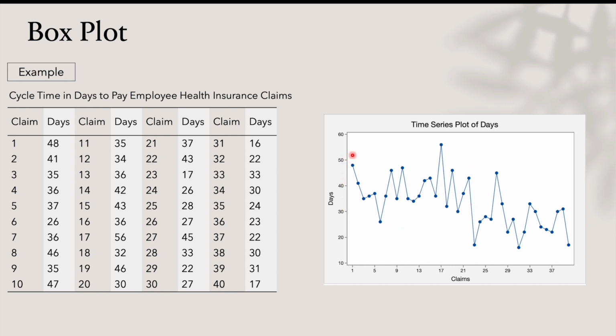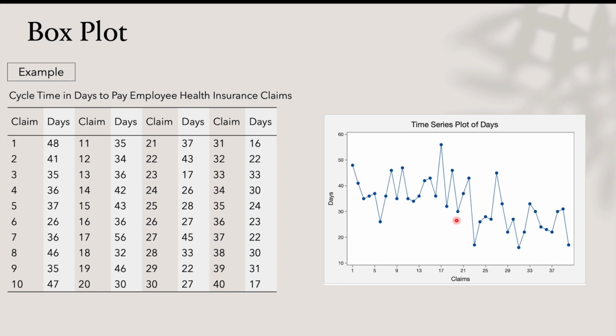They were completed in longer time than the last ones. These are the number of days, so the higher these points are, the more time they took to get completed. Their cycle time was long. On the other side, in the second half, from 21 until 40, the time is significantly smaller than the ones at the start.